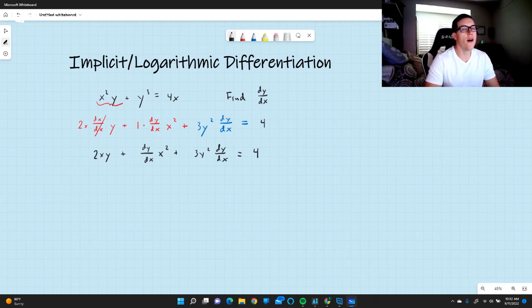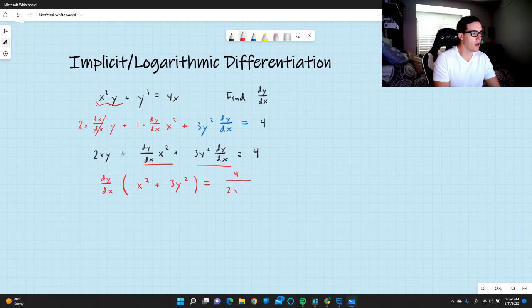All right, so now we need to get all of the dy dx terms on the left, which is typically easier, and all the non-dy dx terms on the other side, and then factor out a dy dx on the left. So I'm doing 2 steps at once here. If that's confusing, go back and watch the other video. In this term and this term, I'm going to factor out the dy dx, and I'm going to keep an x squared plus 3y squared equals 4 minus the 2xy over.